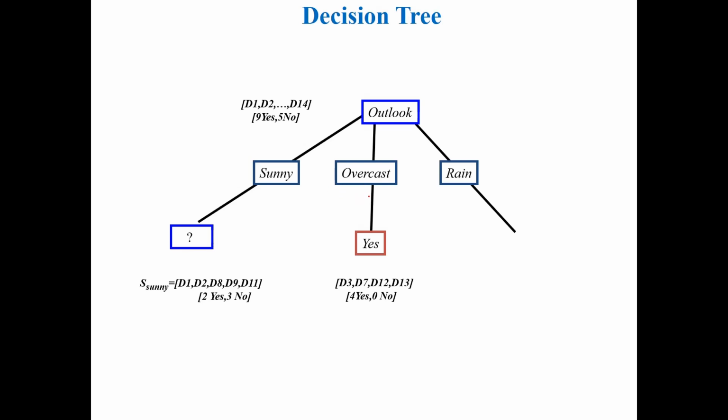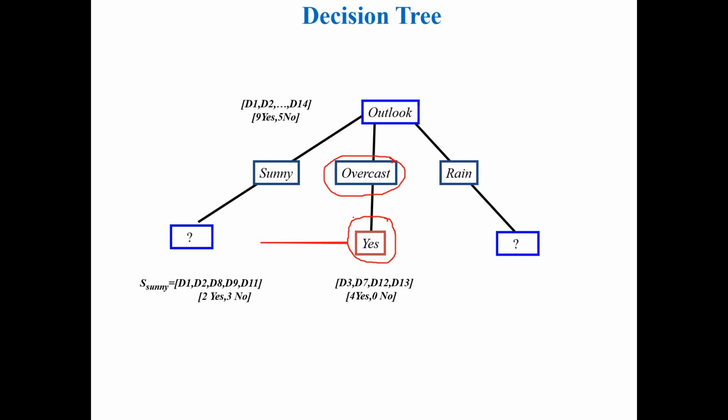But now what we observe is that for this overcast value, all the examples are yes examples. So we can draw the leaf node here, but we cannot draw the leaf node for sunny and rain. There are question marks in these two boxes. Why? Because there are no examples having only one value for sunny and rain, but for the overcast, all overcast examples belong to the yes category.